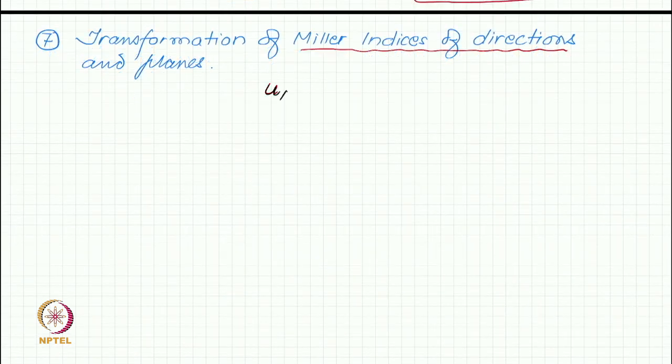If I have UA, VA, WA as the Miller indices of one direction, then I just multiply it by that coordinate because it is a vector. Miller indices are nothing but, what was UA, VA, WA representing?